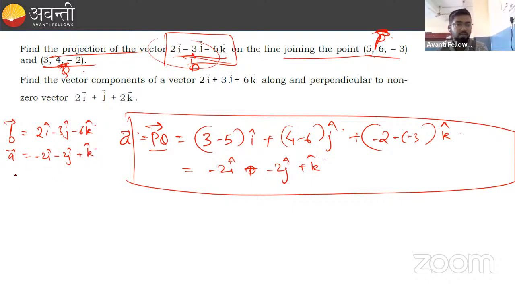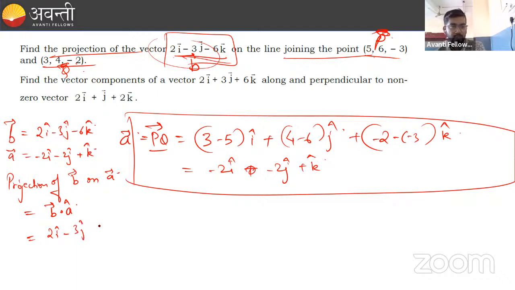Now the projection of B bar on A bar will be equal to B bar dot A cap, right? So B bar is 2 i cap minus 3 j cap minus 6 k cap, dot A cap. A cap is how much?